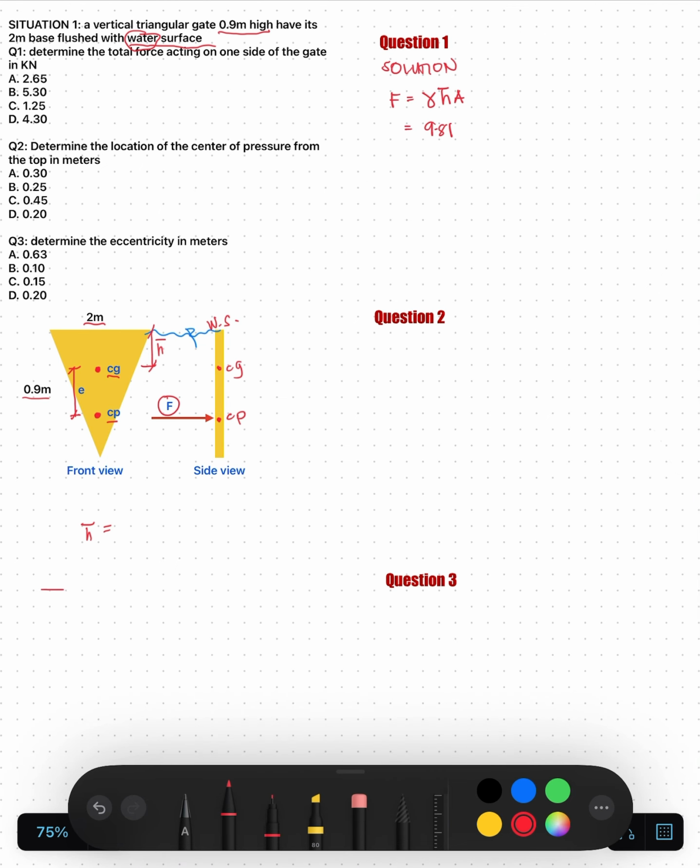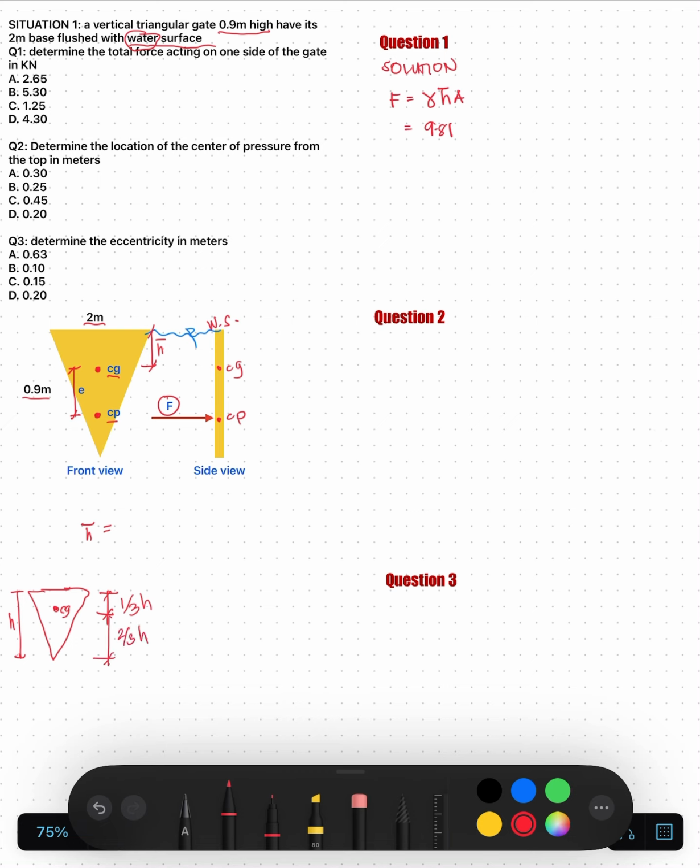For a triangle, the distance of center of gravity from the base is, no, this is 1/3 of its height. Well, from the tip, that is 2/3.